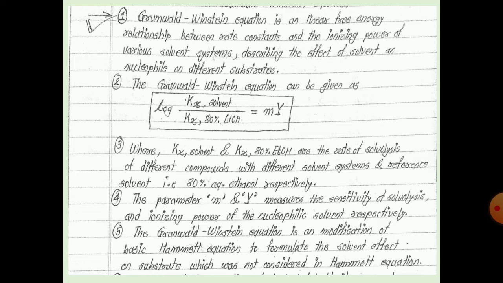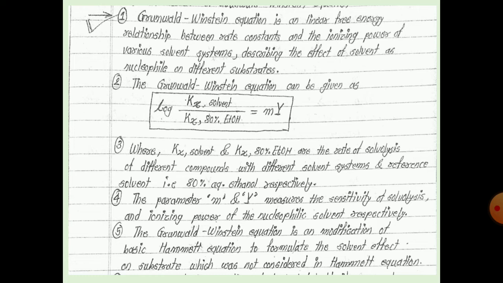The Grunwald-Winstein equation is log kx solvent divided by kx 80% EtOH equals mY, where kx solvent and kx 80% EtOH are the rates of solvolysis of a compound in a different solvent system and in the reference solvent, 80% aqueous ethanol, respectively.